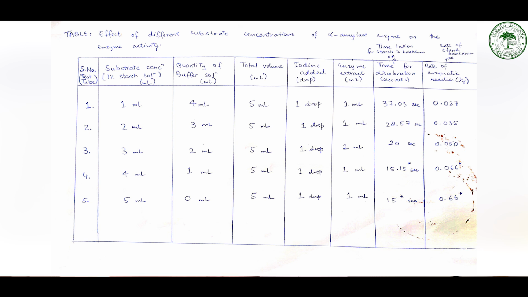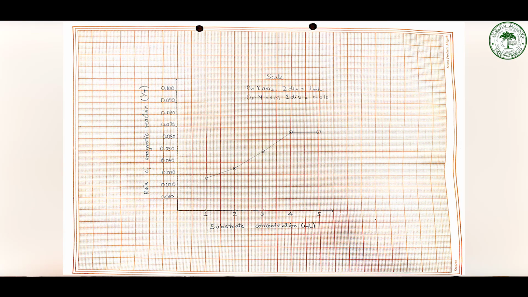This is the time taken for decolorization: in test tube 1 around 37 seconds, then 28, 20, 15, and then 15. If we calculate 1 divided by the time taken, this will give us the rate of enzymatic reaction. Now we will plot this on a graph, where the x-axis shows the substrate concentration and the y-axis shows the rate of enzymatic reaction.